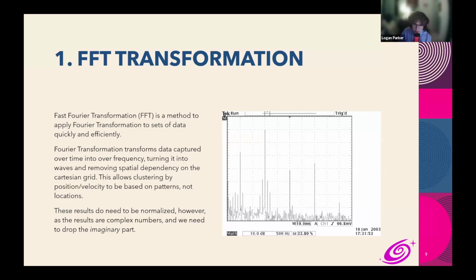This lets our clustering algorithms cluster based on patterns of motion rather than exactly where that pattern is happening, allowing for more interesting and accurate clustering. We do need to normalize this, though, because the frequency comes back as complex numbers and none of the clustering supports imaginary numbers.